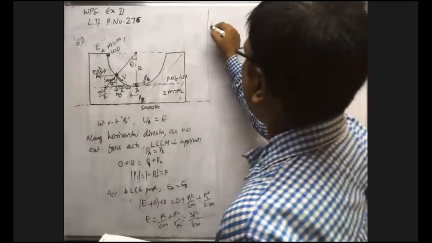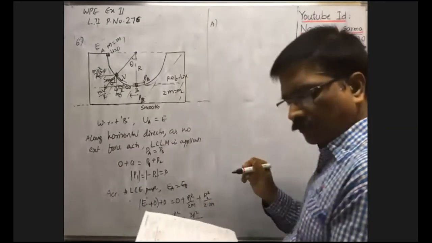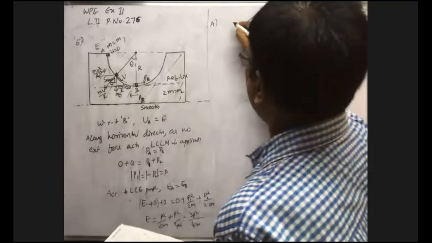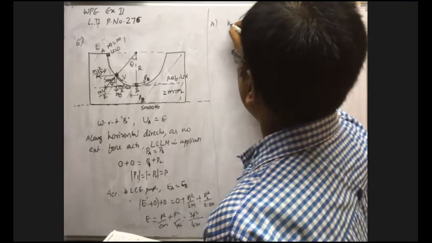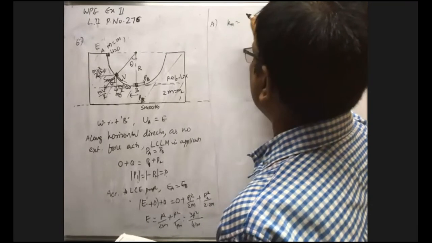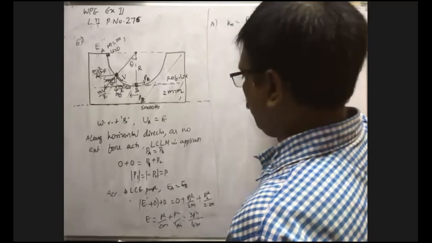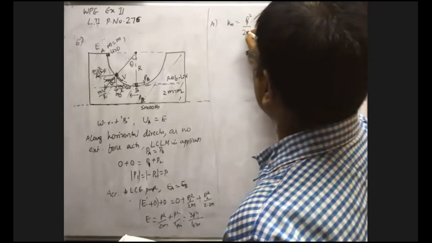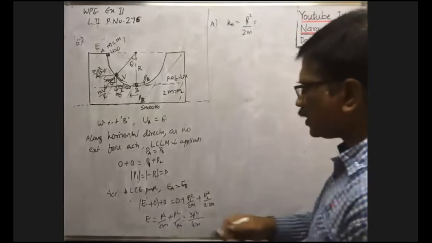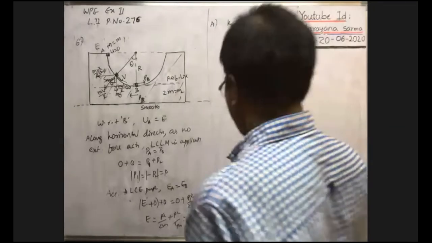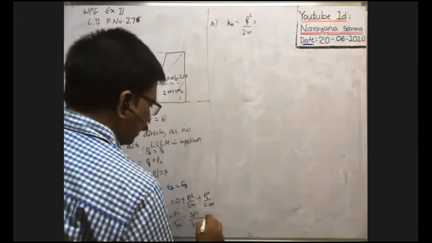Now, in column 1, first point is kinetic energy of small m. Kinetic energy of small m is Km equal to momentum of that particle, p1 squared, by 2 into small m. From this formula, what is the p value?